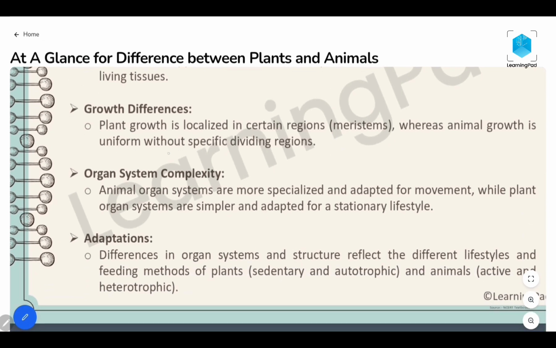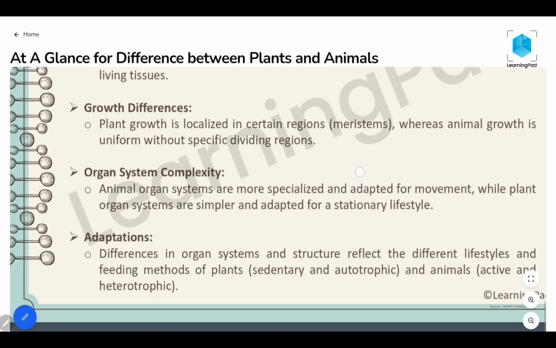And if we talk about organ systems and their complexity, animals have organ systems with specialized organs adapted to particular movement, whereas in plants the organ system is very simple as they have a stationary lifestyle. Then adaptations: the difference in organ systems and structure reflects the different lifestyles depending upon the feeding habits. Because plants have a sedentary life, their adaptations are different, and animals are very active and heterotrophic.